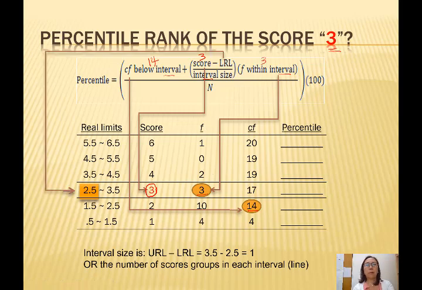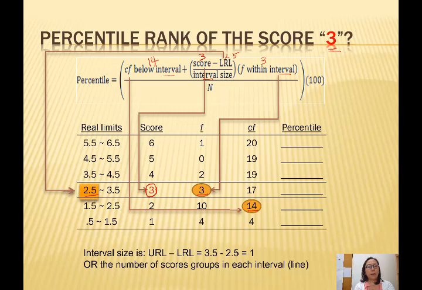Then you have the lower real limit, and that's the lower real limit of the interval that you boxed in, and that's 2.5. And it looks like the only thing that's left is the interval size. Well, interval size, as you see here in the bottom, is calculated as the difference between the upper real limit and the lower real limit, or taking the upper real limit of 3.5 minus 2.5, which is 1.